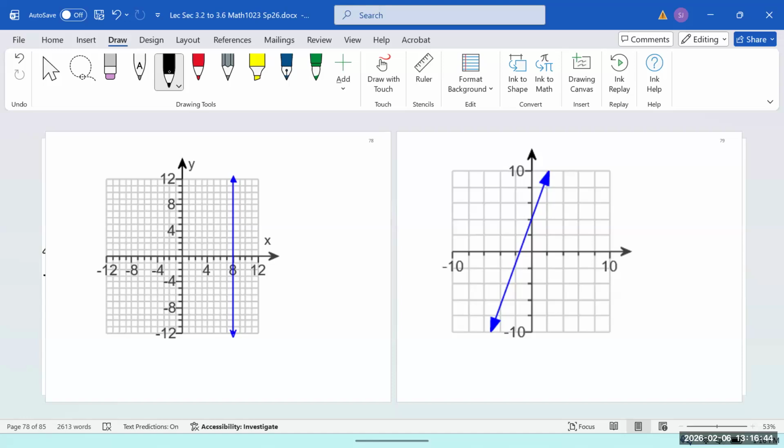Nicholas, would you like to help me with the left one? No problem, I'm here to help you. So, domain. Bracket 8. What type of bracket? Curly bracket.